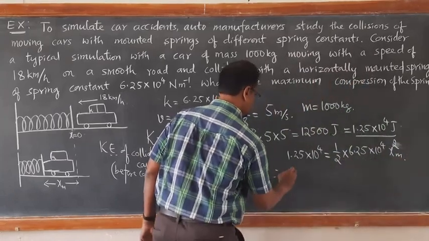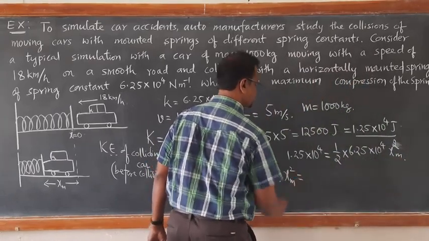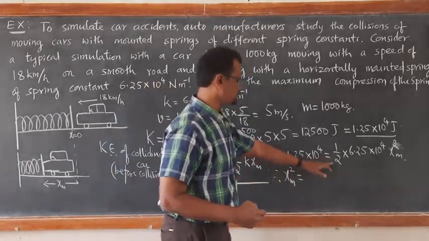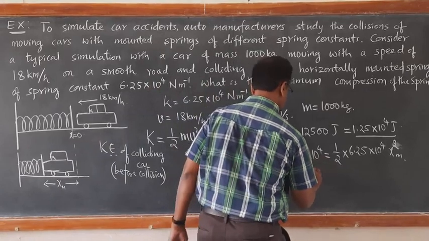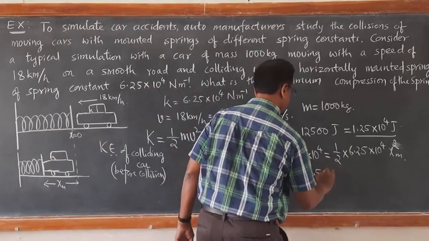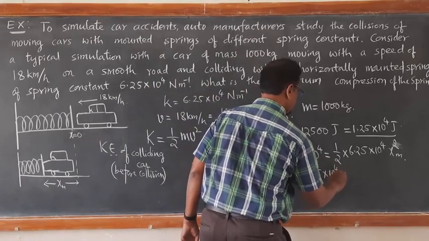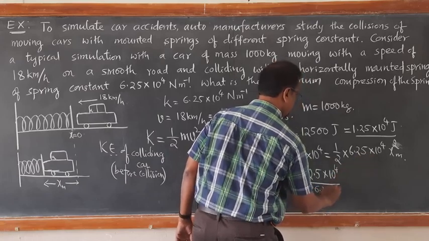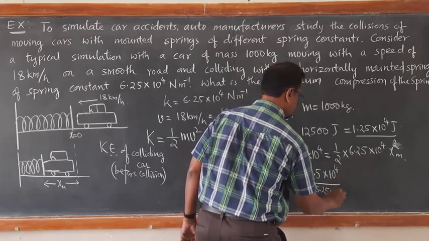Therefore, xm square becomes equal to, if you take this to this side, 2.5 into 10 raised to 4 divided by 6.25 into 10 raised to 4.